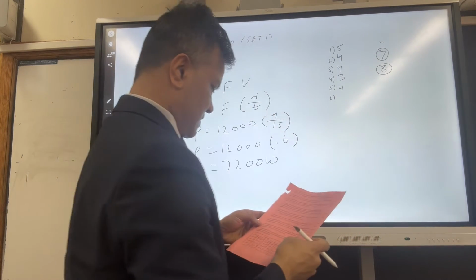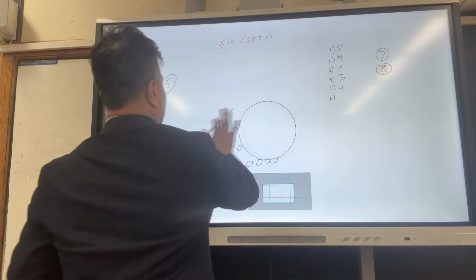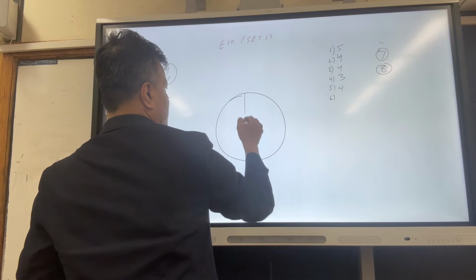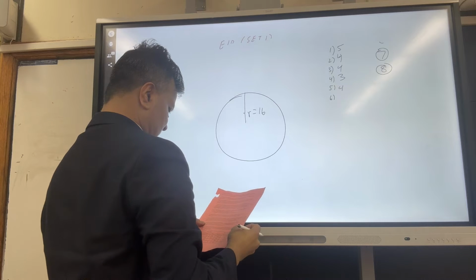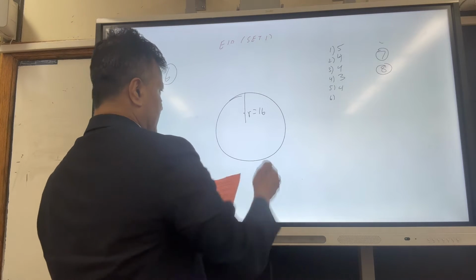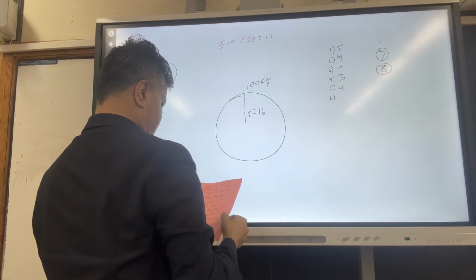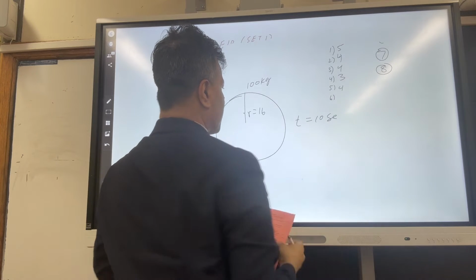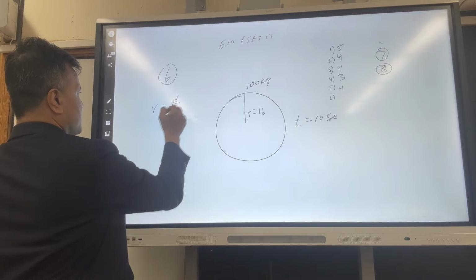Number 6 is going to be the combined one. Number 6 is centripetal acceleration. The radius is 16, the car is 100 kilograms, and the time is 10 seconds. Centripetal acceleration is pretty easy. Velocity is distance over time.